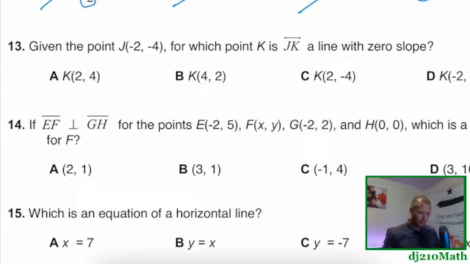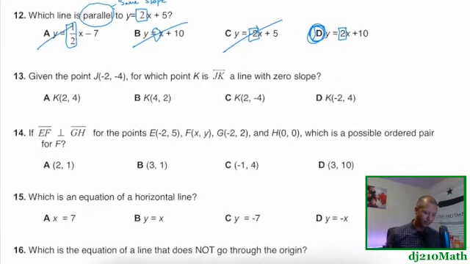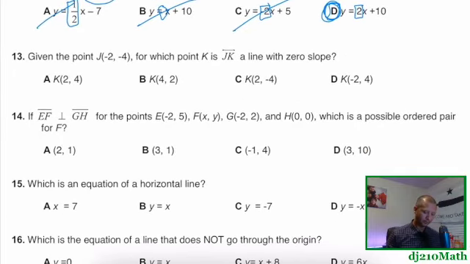And so we want, okay, I see what's happening. So J is given to us, right? J is a point somewhere in space. In fact, it's at negative 2, negative 4. So which one of these K points will make line JK have a 0 slope? Remember what a 0 slope means. 0 slope means a horizontal line.